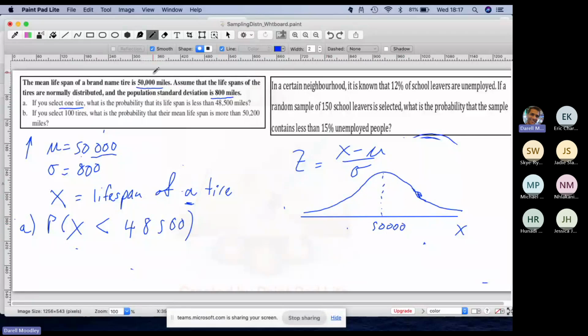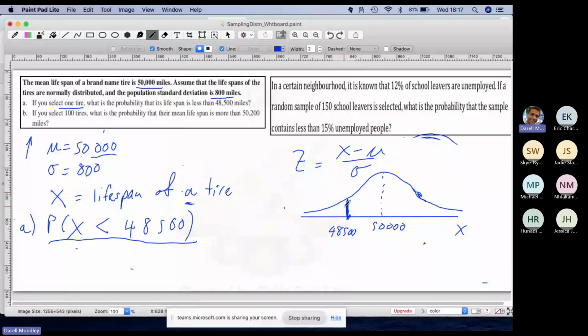They want us to work out the probability that X is less than 48,500. The 48,500 is on the left of 50,000 because it's less than that. So let's say it's somewhere around here. It doesn't have to be exact. We just need to have an idea whether it's on the left or the right. So what's the probability of X being less than that?